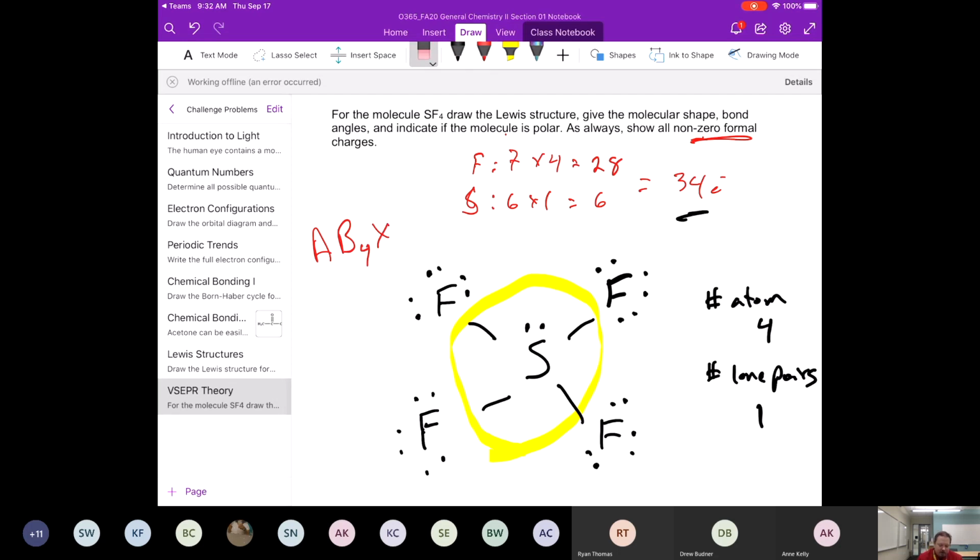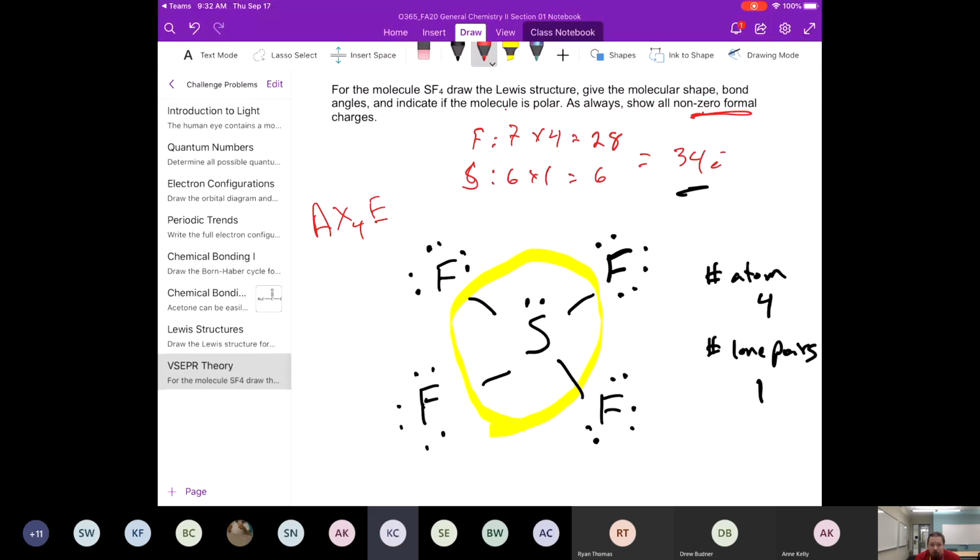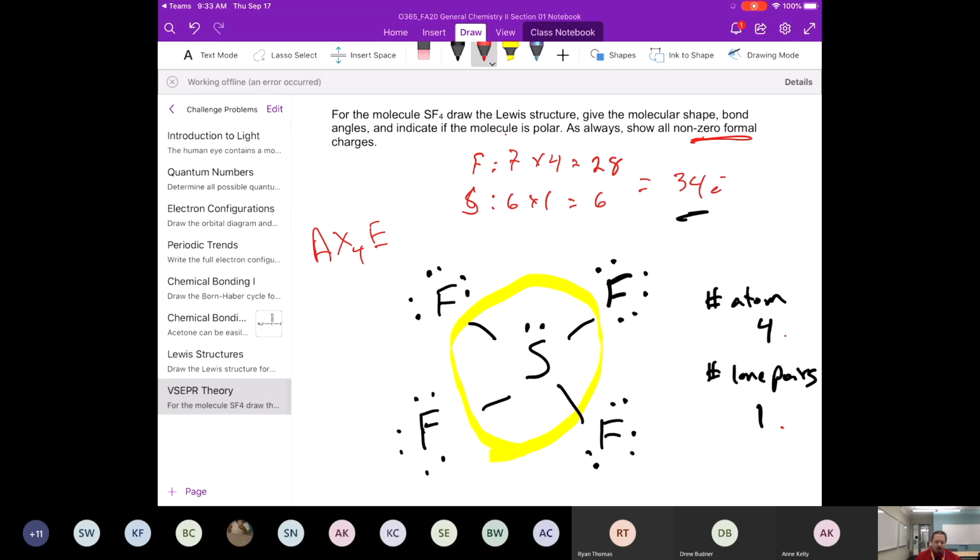They use X and E. Is that the notation that they use in the book? I always forget. Okay. So that means around this central atom, we have 5 places where we have electrons. These two numbers together equal 5. So there are 5 areas where we need to put electron density around the central atom.